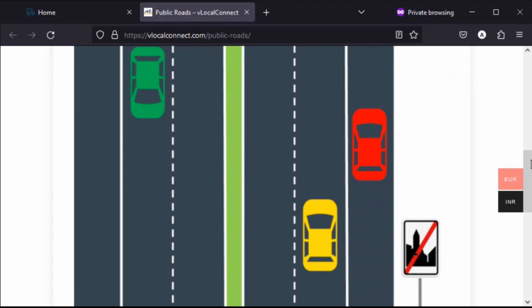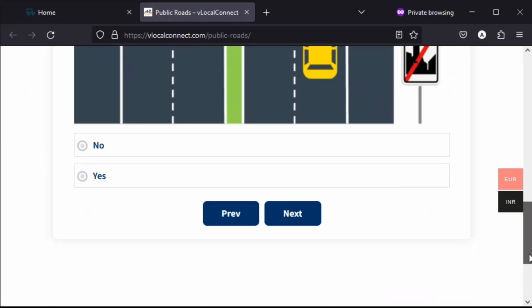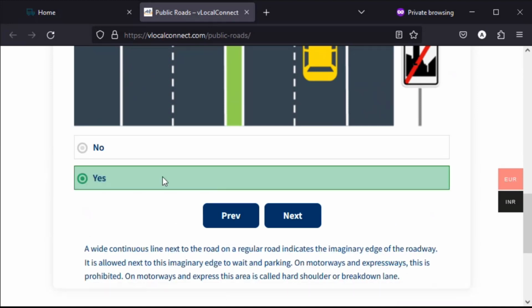We are looking here, and here the built-up area has ended, and outside a built-up area, this becomes a place, an imaginary edge, where vehicles can be parked. So the car is parked correctly here. I would say yes.